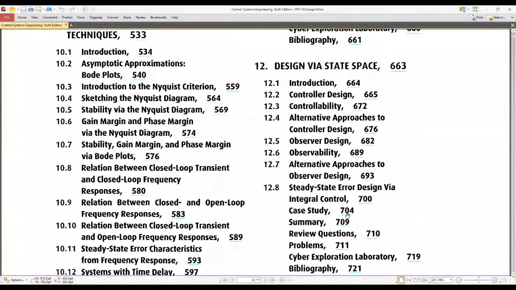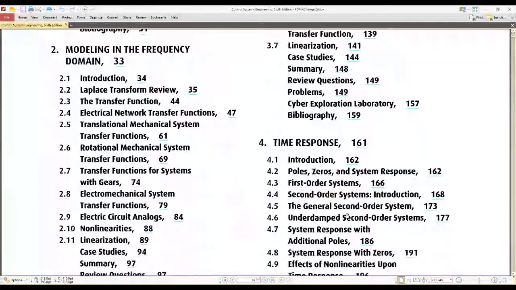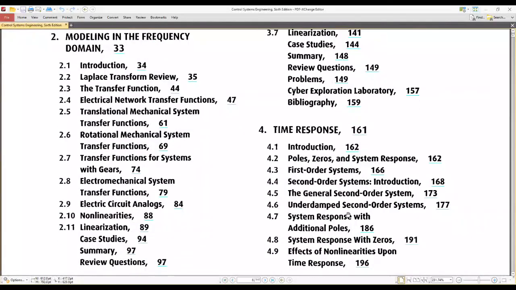First of all, see what we are going to study here from chapter 2. The Laplace transformation, the transfer function, electrical network transfer function. These are very important things for you.